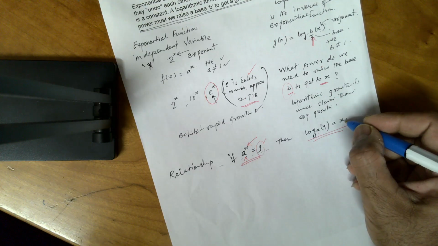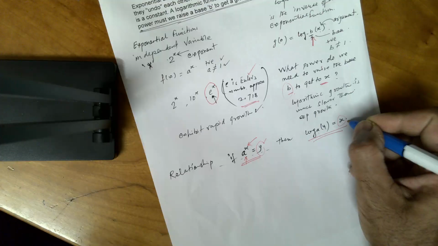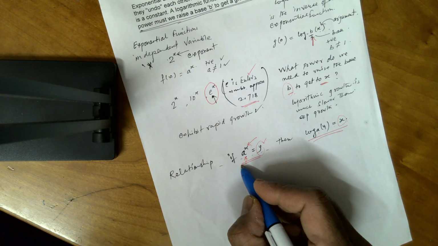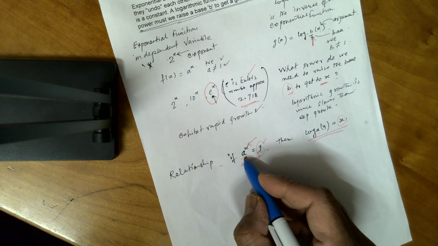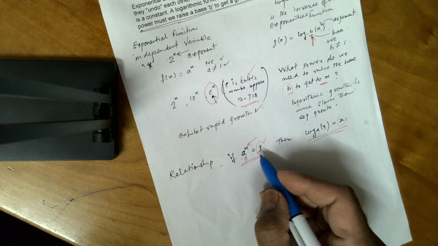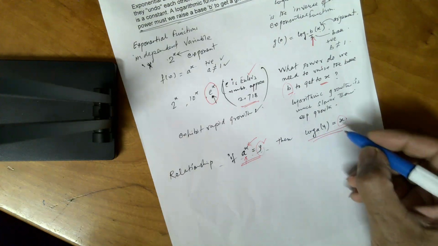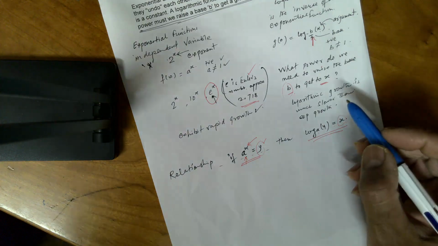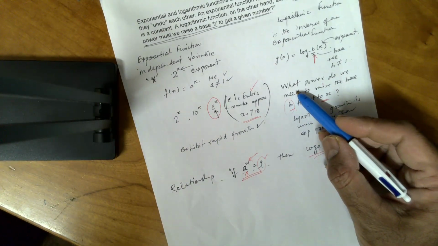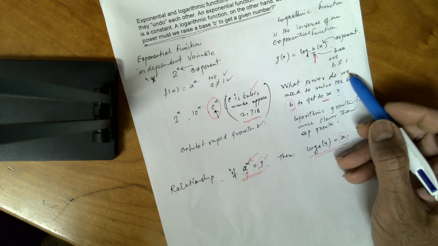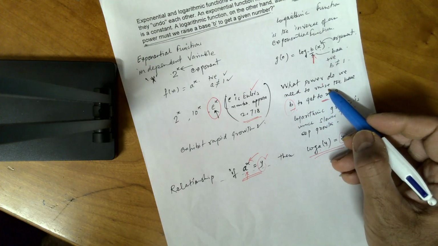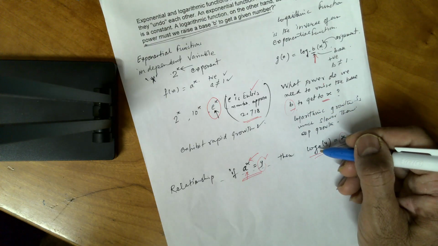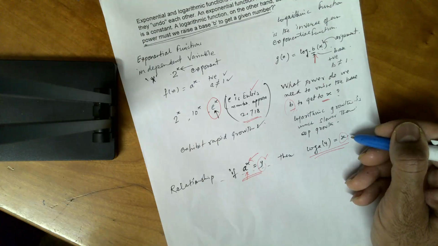The argument goes to this side, and we get the logarithm of your base. So what power do we need to raise the base to in order to get y?